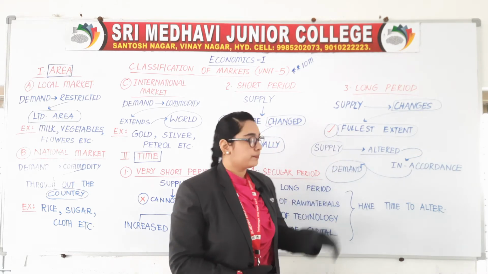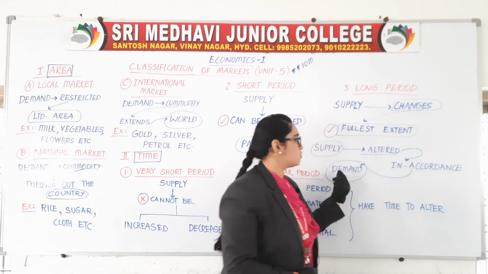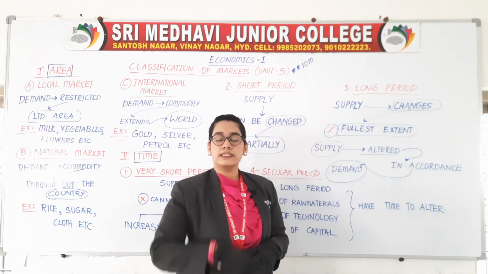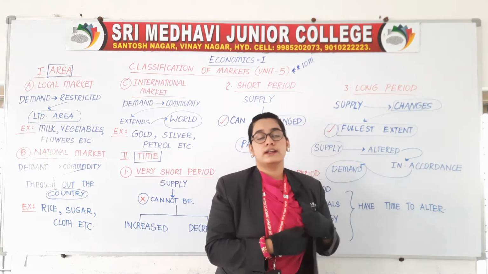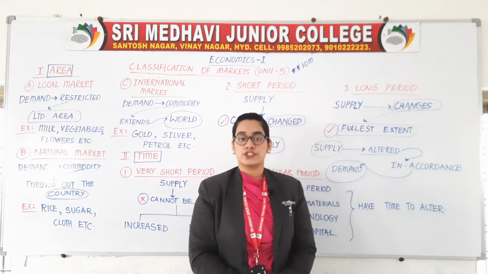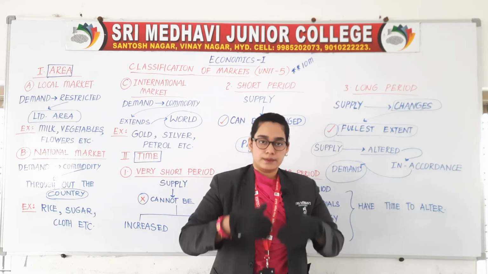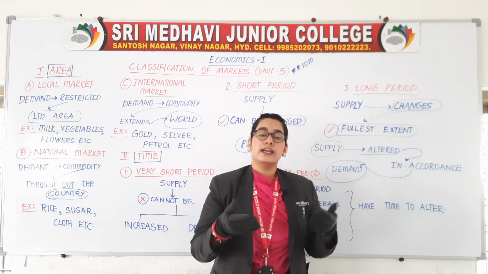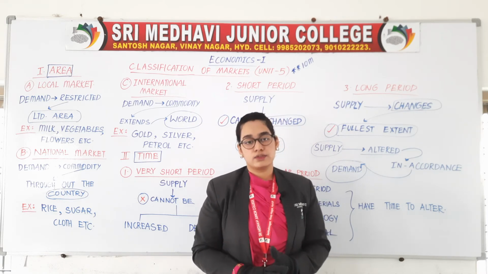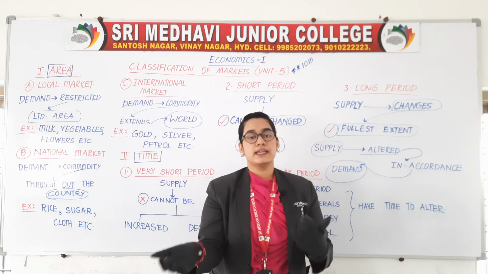Long period. Then supply can be altered in accordance with demand. Altered means changed. Is that clear? If the demand is more in the country, I'll start producing more goods. If the demand is less in the country, I'll start bringing less goods. So based upon demand, I'll increase or decrease my supply.